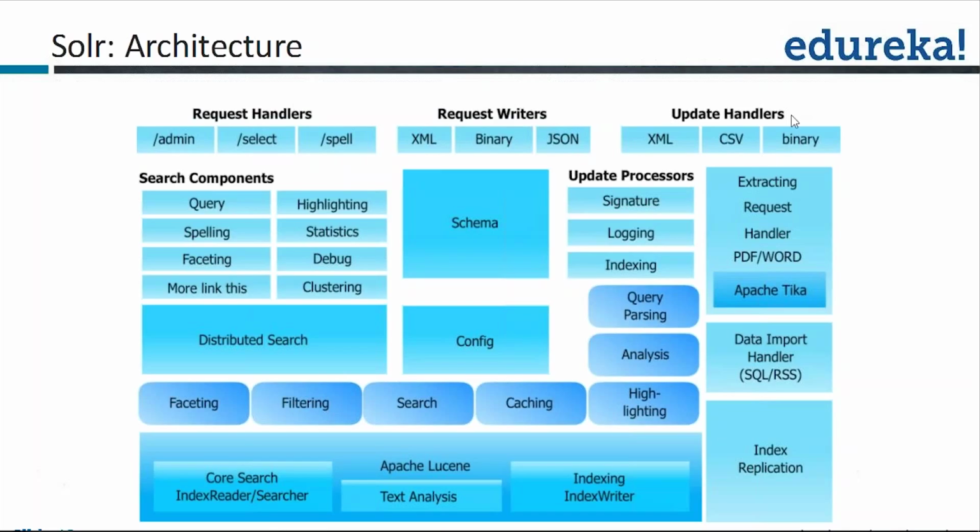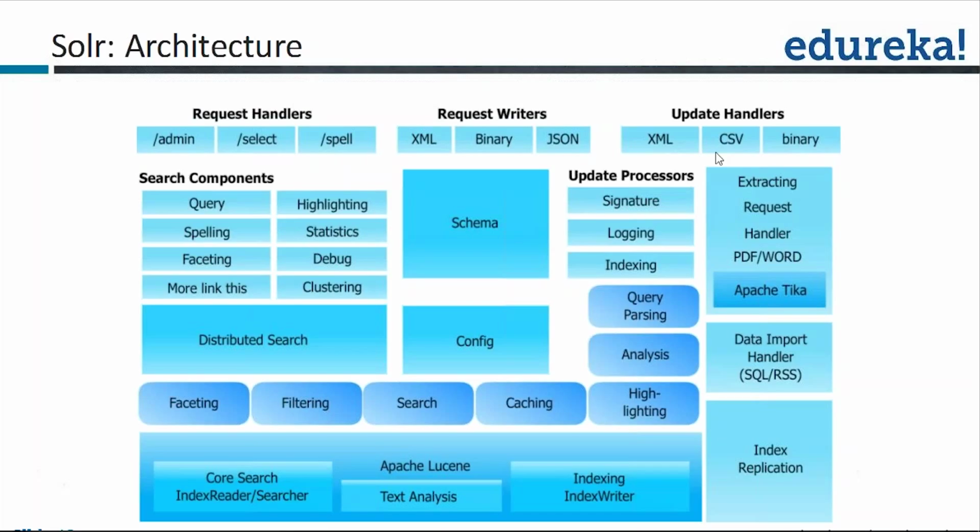Then also the update handlers, which are there to control if you want to send updates on the already indexed data. You can send that in XML, CSV, binary, or JSON format, which are there to update the already stored data.